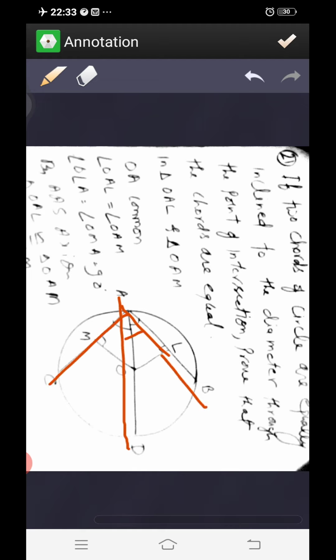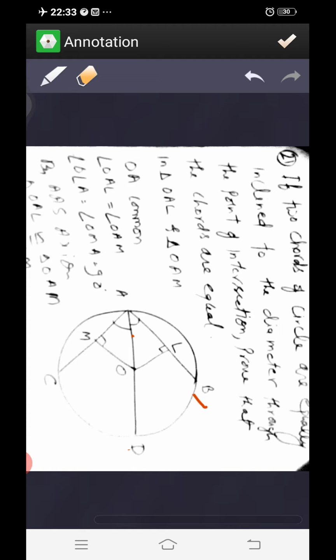You can see that these two angles are made, both are equal. Then it says prove that the chords are equal. So now we have joined OL perpendicular to AB and OM perpendicular to AC. We have dropped these perpendiculars.